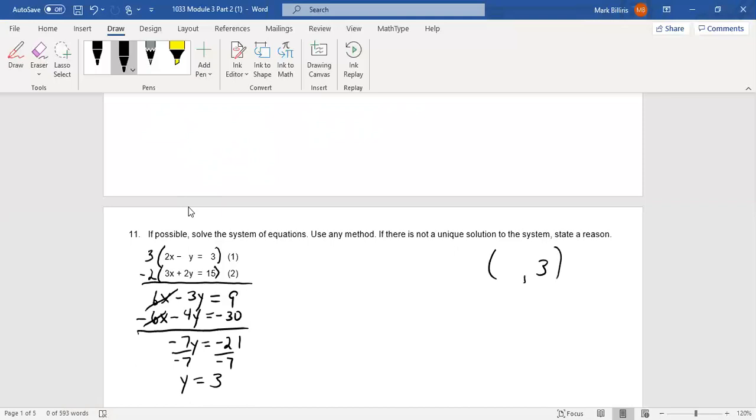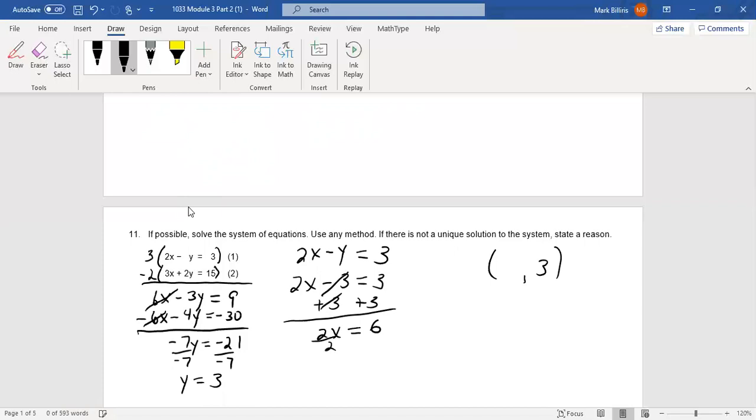I need to find my x value now. So what I'm going to do is go back to either one of the two original problems, and I'll take the first one, the 2x minus y equals 3, and substitute 3 in for y. 2x minus 3 equals 3. I'm going to add 3 to both sides. So 2x would equal 6.